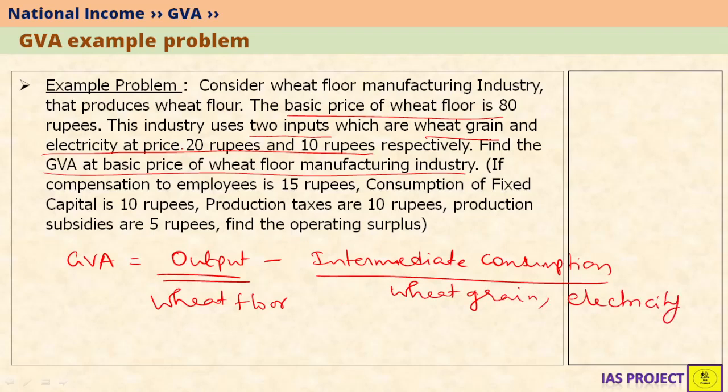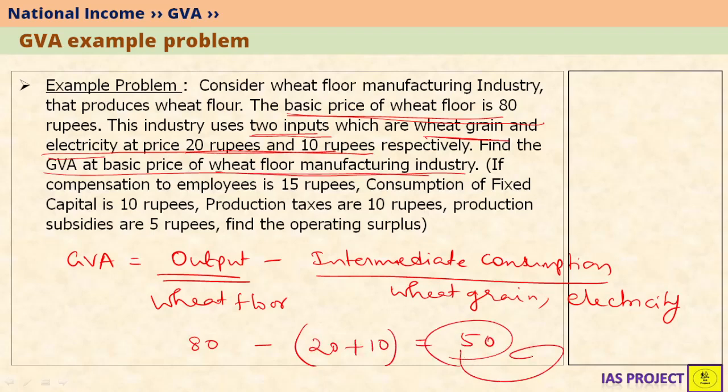So we know the values for these three items. Basic price of wheat flour is given as 80. So output is simply 80 minus the intermediate consumption. Two inputs are taken. What are they? Wheat grain and electricity. The prices are 20 and 10. So 80 minus (20 plus 10). This means that 50 rupees is the gross value added at basic price of the wheat flour manufacturing industry.